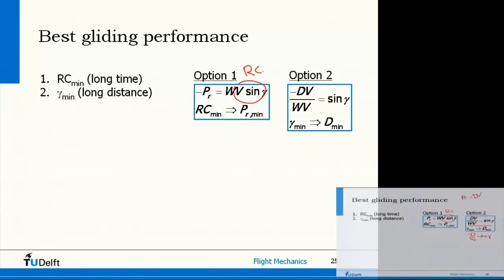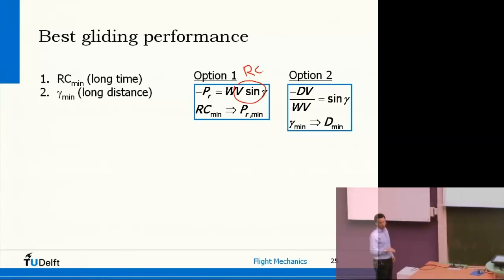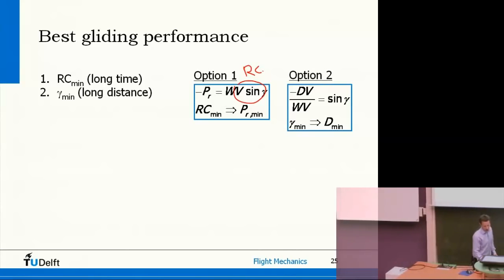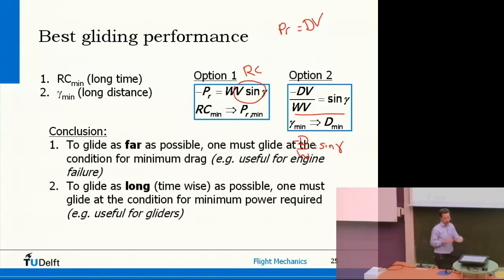So in order to fly as gradually down as you like, then you have to actually fly in the minimum drag condition. So that's straightforward. So summarizing, gliding as far as you can, minimum drag, and as long as you can, minimum power.